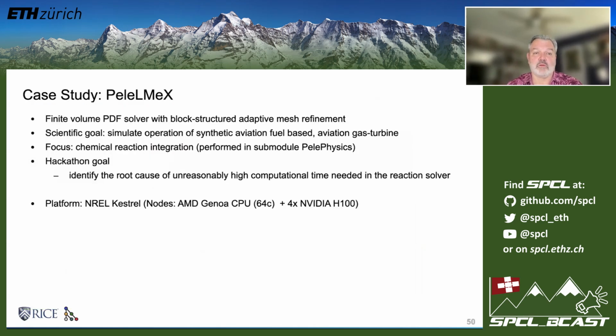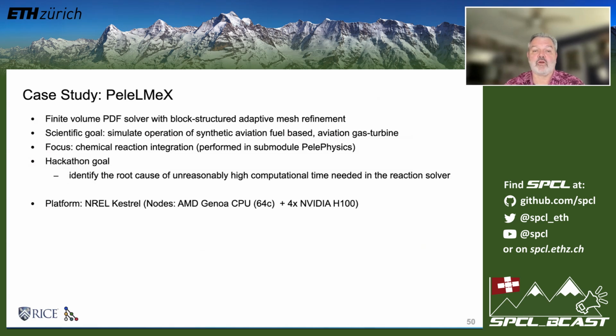This is something that was done in a hackathon a week or two ago. And so they were looking at PeleLMeX. And so the goal was to simulate operation of a synthetic aviation fuel-based gas turbine.